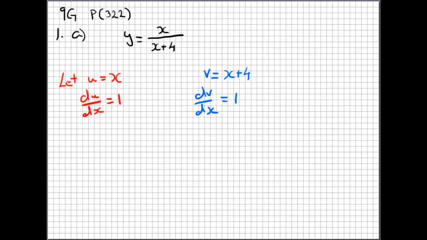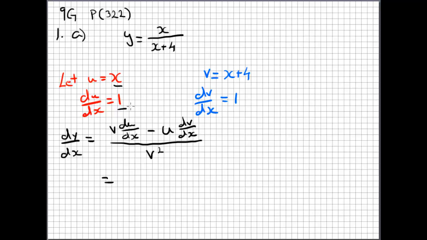So combining both of these together into the quotient rule, substituting our u, du/dx, v and dv/dx: v is x plus 4 times 1 minus u, which is x, times dv/dx, which is 1, over v squared, x plus 4 squared.